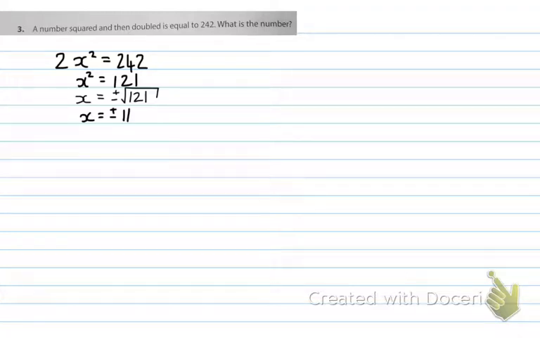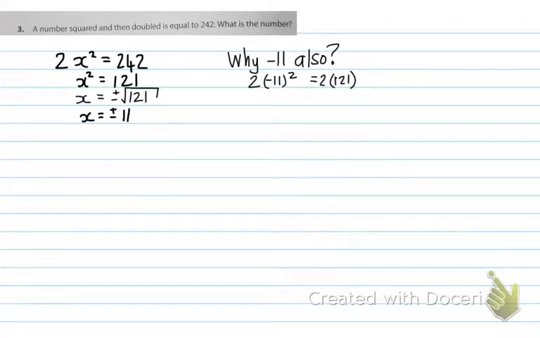Please remember, why is it negative 11 also? Because when I take negative 11 and I square the number and times it by 2, let's get the answer. Negative 11 squared is 121, positive 121, because negative times negative gives me positive.